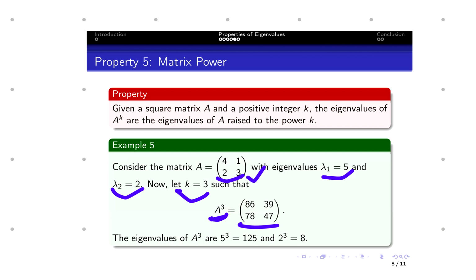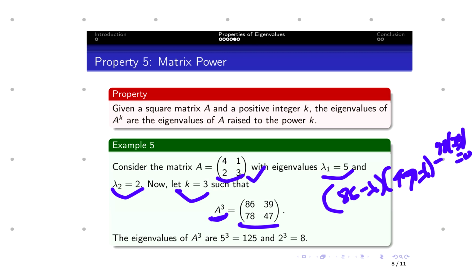So if you do the normal process, you get 86 minus lambda times 47 minus lambda minus 78 times 39, and that's a big number, right? And all of this equals 0. If you solve it, at the end of the day you're going to get your lambda to be 125 and 8.